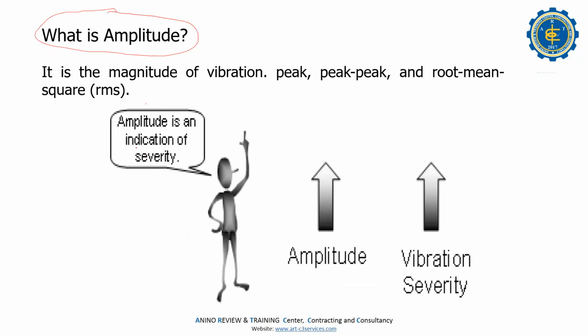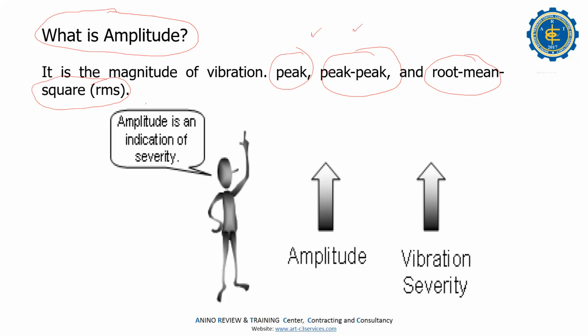So what is amplitude? The amplitude is the magnitude of vibration. You have peak, peak to peak, and RMS, root mean square. You use RMS, right? Yeah, we use RMS. But for the journal, the proximity probe, we use peak or peak to peak.